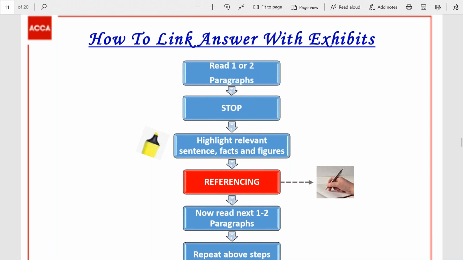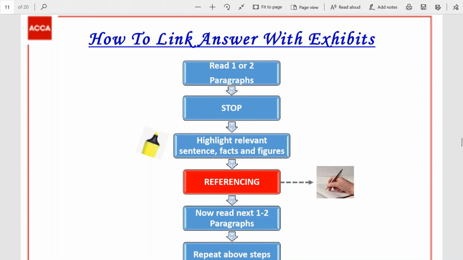I repeat, you do not have to read the entire exhibit in one go. When you start reading an exhibit, you read paragraph by paragraph. You read one paragraph and you stop, or maximum you read 2 paragraphs and then you stop.